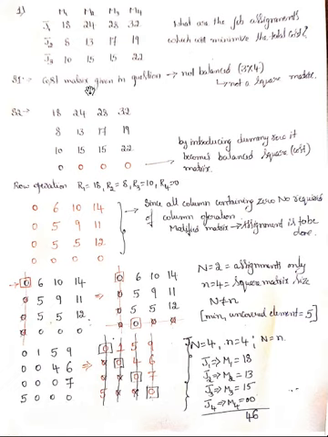In such cases, the first step is that we need to make the cost matrix, which is unbalanced, balanced. How to make it balanced? By introducing a dummy row so that it becomes a balanced square matrix.